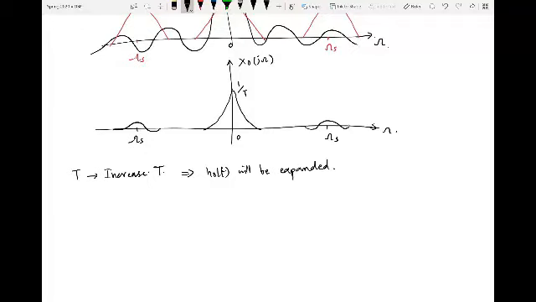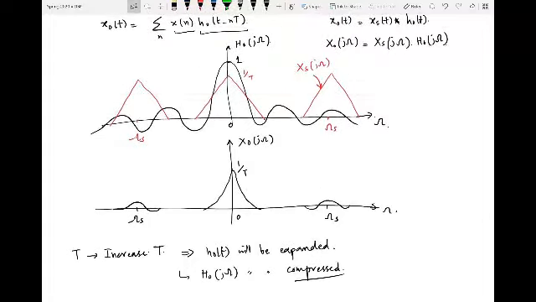And when it is expanded, in frequency domain h naught of j omega will be compressed. And compression of h naught of j omega means this main lobe will be compressed. And when this main lobe is compressed, it will cause higher distortion, larger distortion to the main copy. So we will not want to have more distortion in this copy.